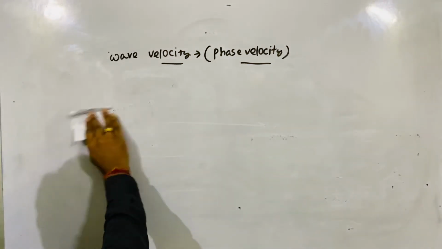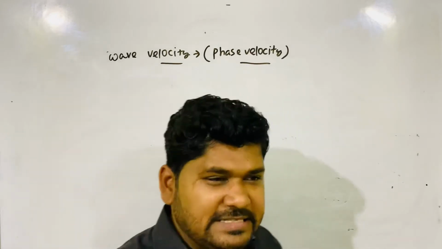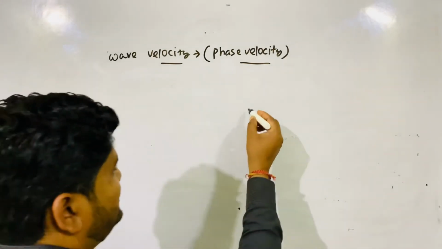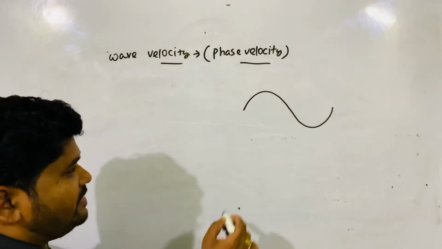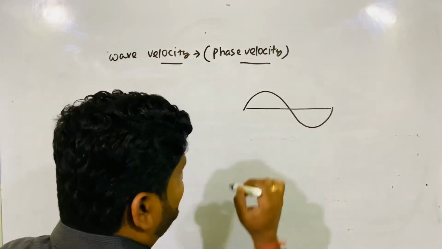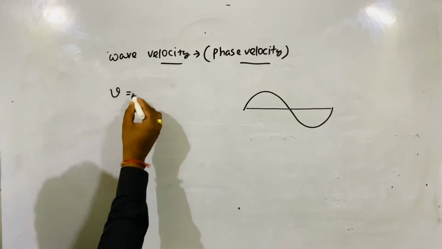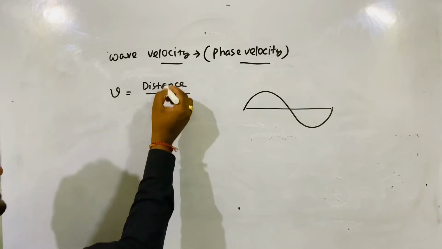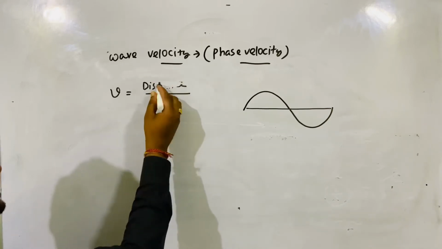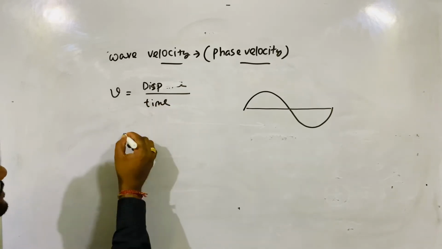So this is about wave velocity. We can find the expression of wave velocity very easily. See, this is one complete wave. Velocity or speed is displacement by time.